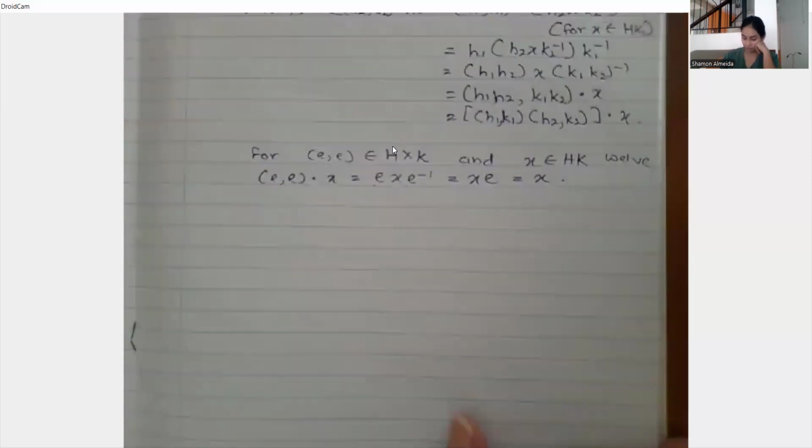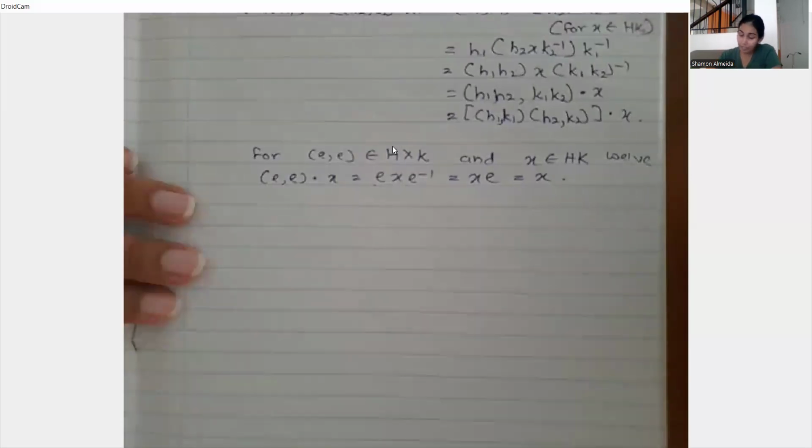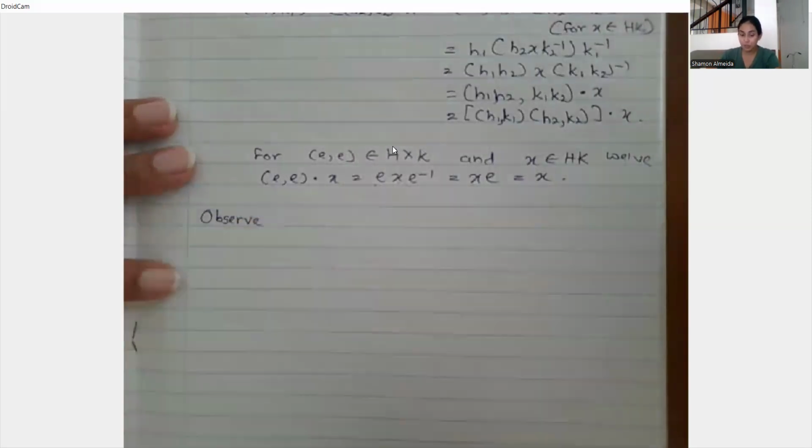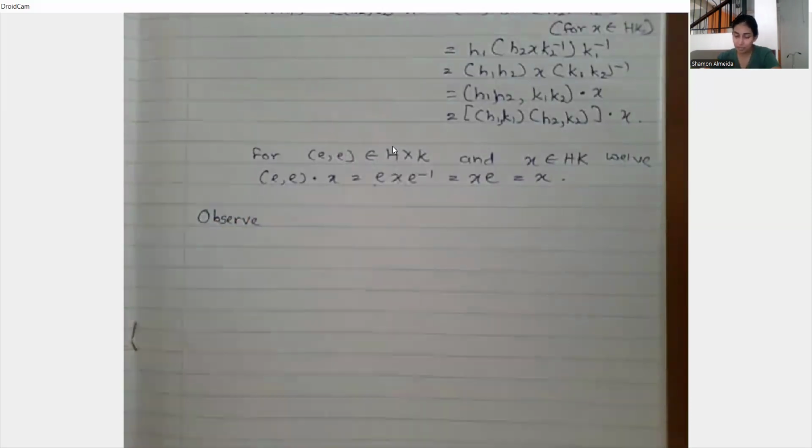Right. Now observe one thing. Let's try to find the different orbits over this set HK. Observe that what I'm going to do is show that there is only one orbit under this group action.